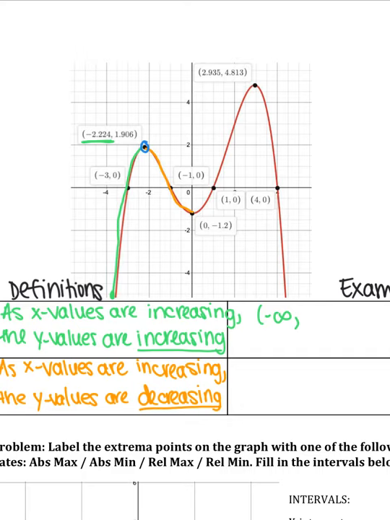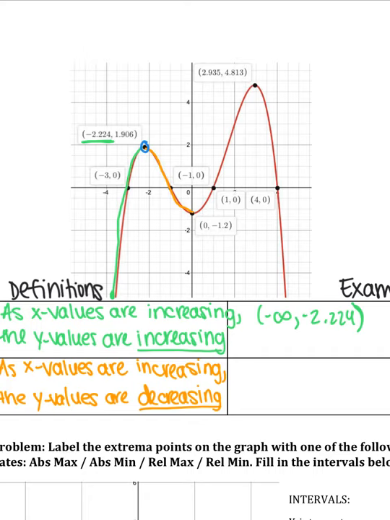So for which x values are they going up? So we would say the first interval of increasing is from negative infinity to negative 2.224. Notice I used a parentheses around the point because negative 2.224 is not included because it's neither increasing or decreasing at that point.